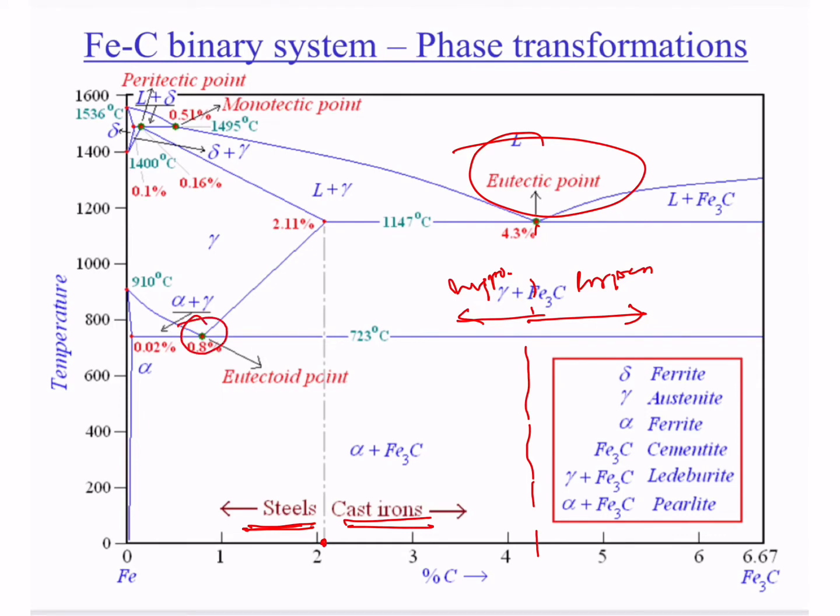Here in eutectoid point you will get pearlite, combination of alpha ferrite and cementite, and in eutectic point if you cool it you will get austenite plus cementite or ledeburite. Ledeburite is combination of austenite and cementite, and pearlite is combination of alternate lamina of ferrite and cementite. Pearlite you will get at eutectoid point, and ledeburite you will get below eutectic point.